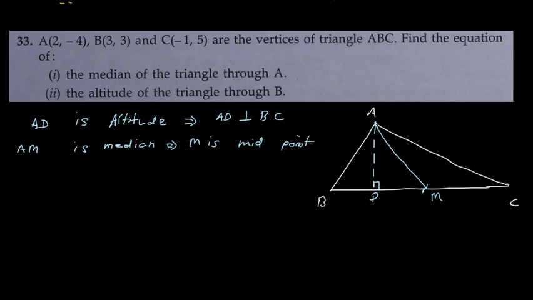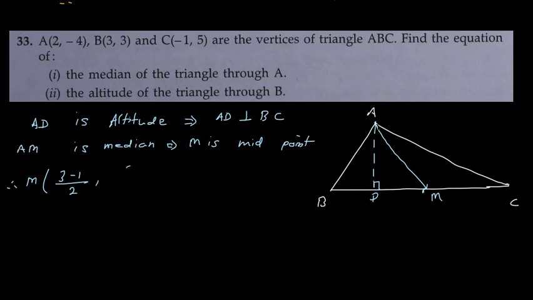Okay. So first I will solve this first question, the median of the triangle through A. For median I have to find the coordinate of midpoint. So therefore coordinate of midpoint is coordinate of B plus coordinate of C, that is 3 minus 1 divided by 2. You know midpoint formula.